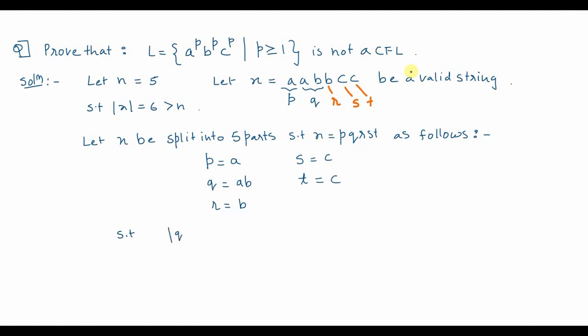Length of QS is equal to, now the length of Q is 2 and S is 1, so together length of QS is 3, which is greater than 0. So the first condition is satisfied.